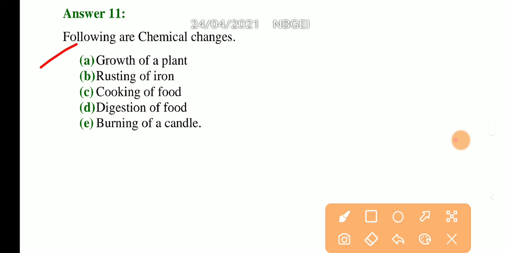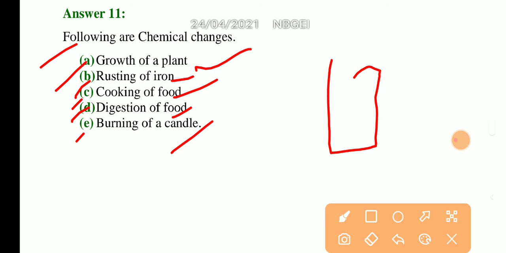So the chemical changes are options A, B, C, D and E. Growth of a plant is a chemical change, as are rusting of iron, cooking of food, digestion of food and burning of a candle. Burning of a candle is both a physical change and a chemical change.